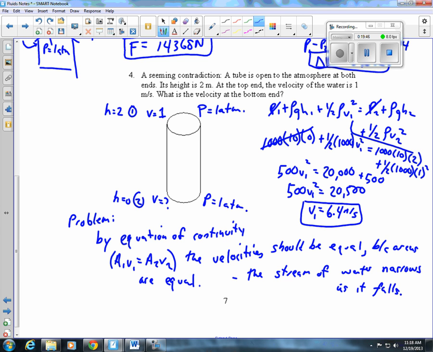So if I could see inside this pipe, what I would find is that the water doesn't fill up the entire pipe. It gets narrower as it goes down. Now, by the equation of continuity, it's going to be going faster because it's narrower, and by Bernoulli's equation, which we just figured out, it's going to be going faster.